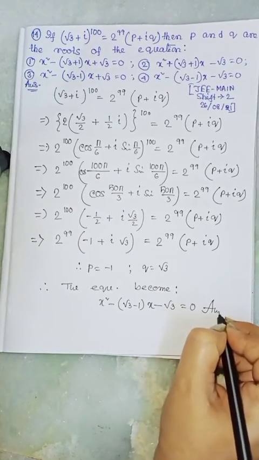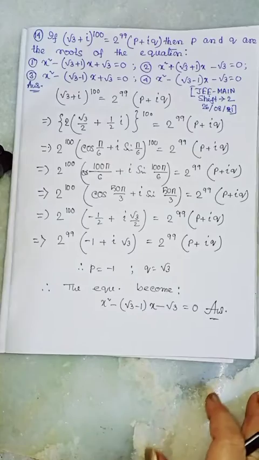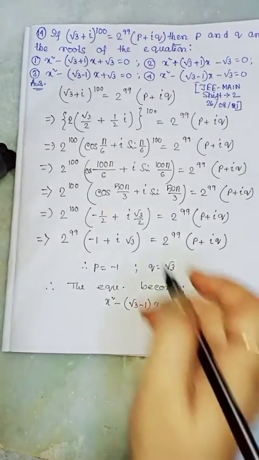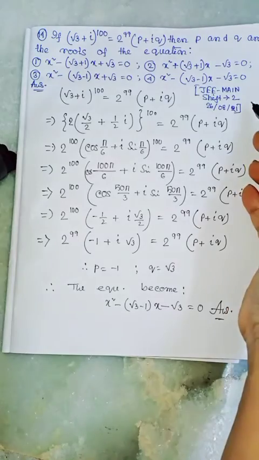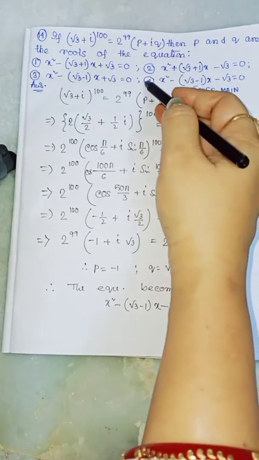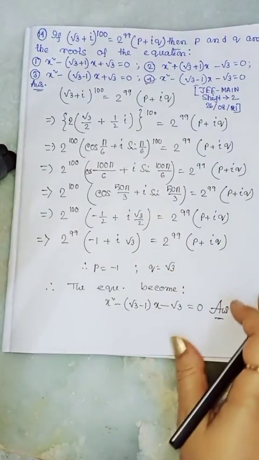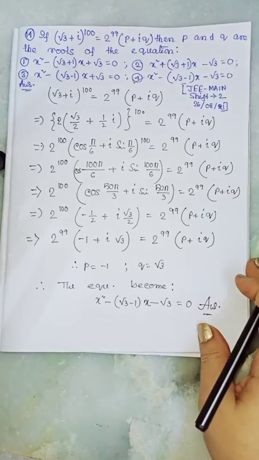So it is our required solution, and our option is root 3 minus 1, minus root 3, so option 4 is our correct choice. So here is the whole solution of question 14.